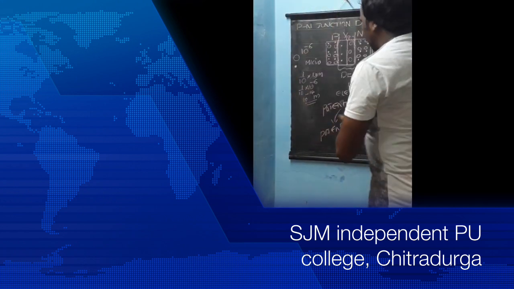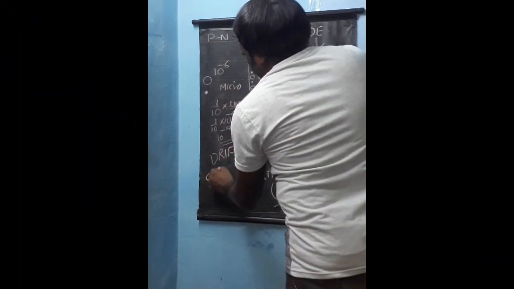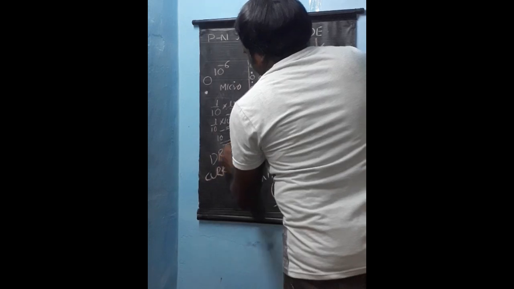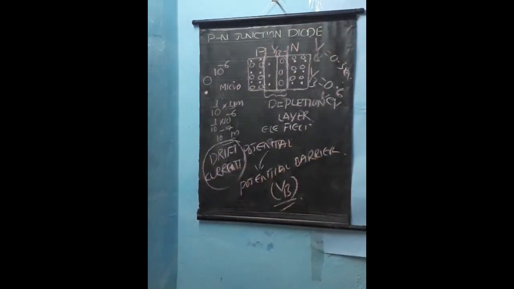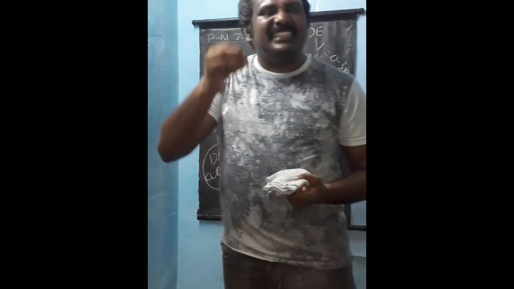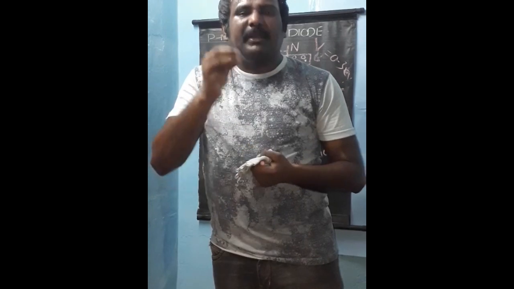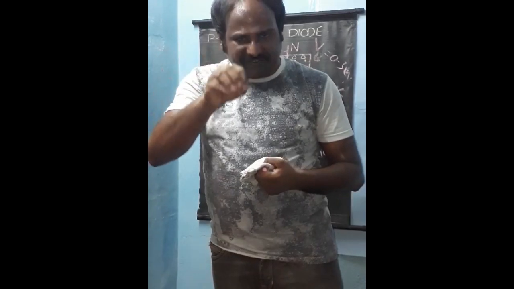Such current is called drift current. So drift current is the current between charge carriers in the depletion layer due to the application of an electric field.